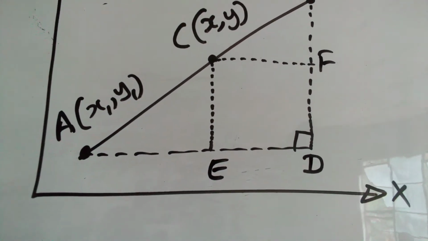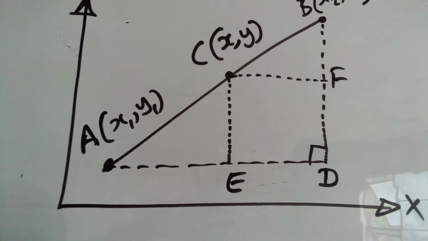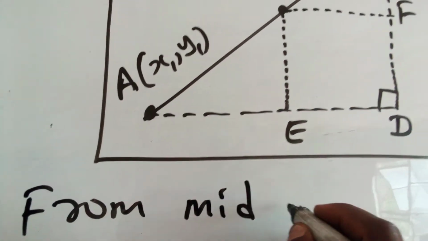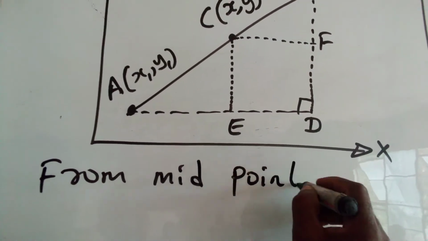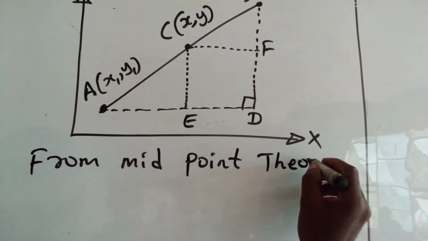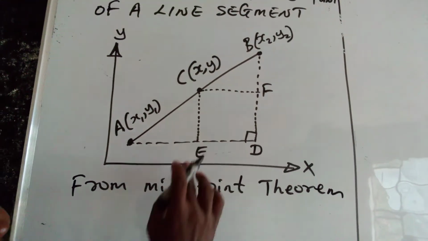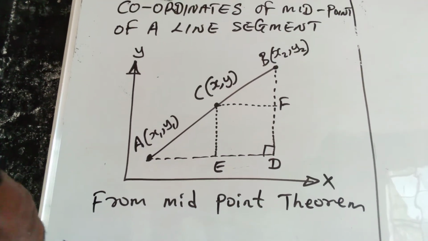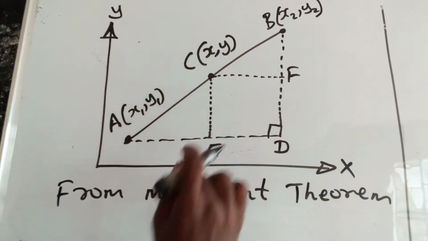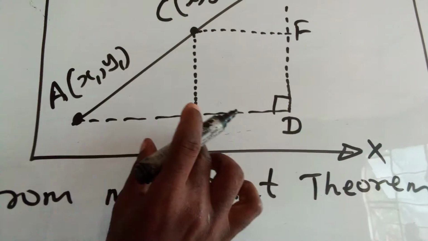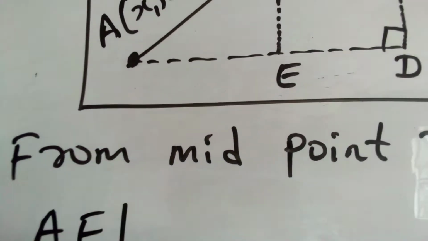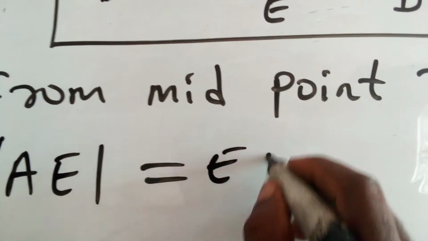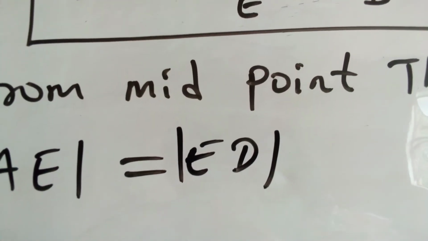Now, what will you say? We are now going to say, from midpoint theory, if here is the midpoint, it simply means that this line AE will be equal to line ED, from midpoint theory.